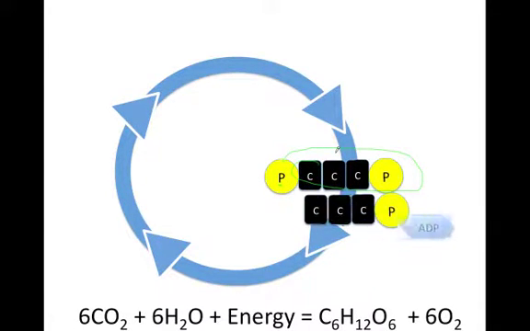And then our ADP will go back towards the light reactions. We'll do that again for our second molecule. ATP comes in, we break off a phosphate, attach a phosphate to our 3-phosphoglycerate molecule, and now this is called 1,3-bisphosphoglycerate.